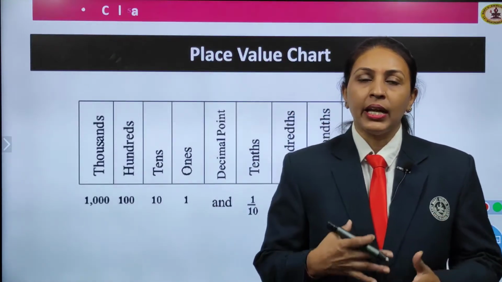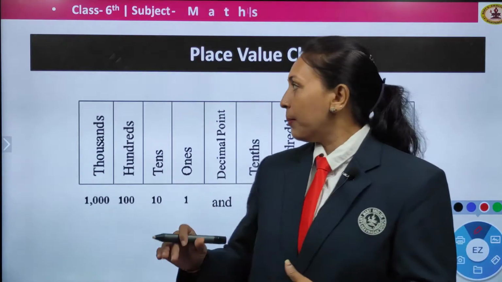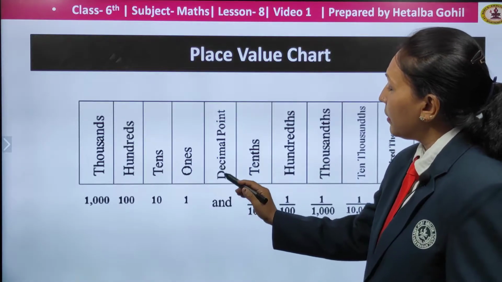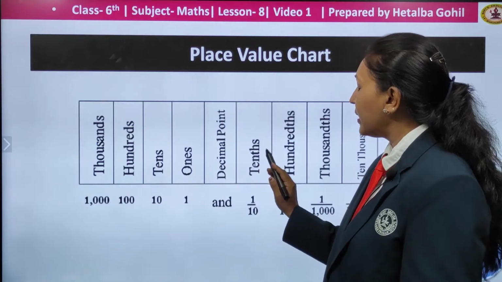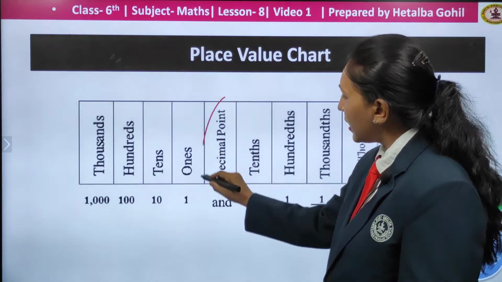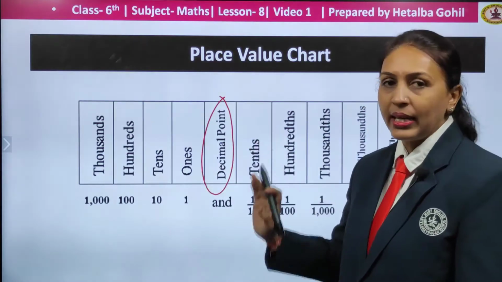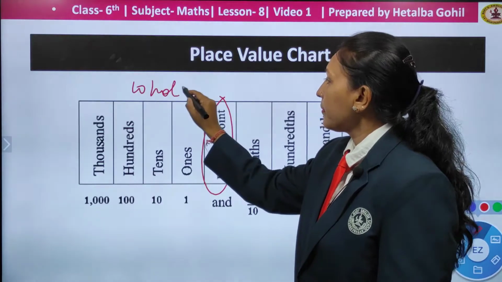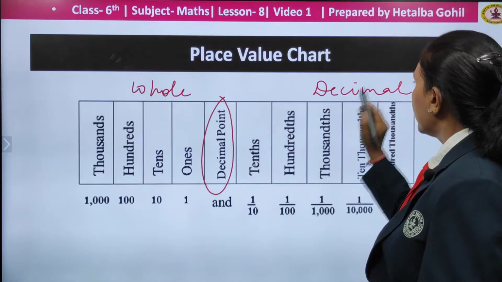Similarly, children, after hundredths you have thousandths. Suppose, for example, you can see this place value chart. Here the decimal point we always place between the ones and the tenths. Okay, so this you can see here, between the ones and the tenths we put a decimal point. This is your whole number part, and this is your decimal part here.